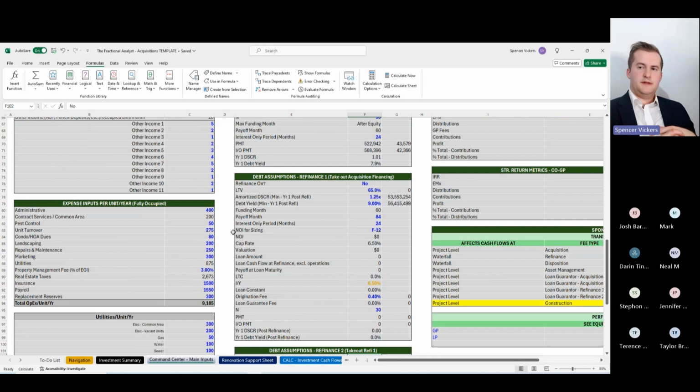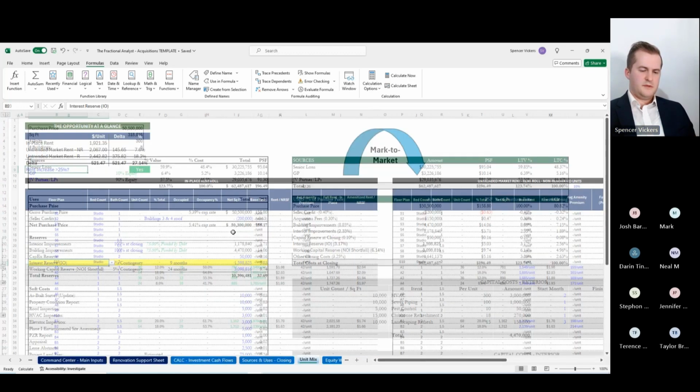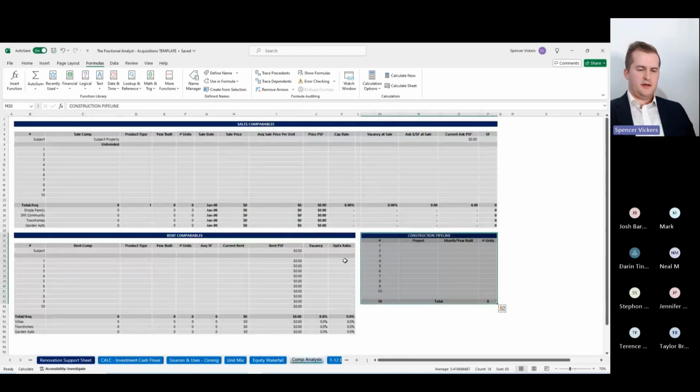RealPage and then Yardi Matrix both have really good information on operating expenses. And then it's good to get information from the property manager if that's applicable or available. Good to get information from surrounding properties on how they're operating their properties. In my comps analysis page, I include a space for the operating expense ratio, which is just the percent of operating expenses as compared to the income.